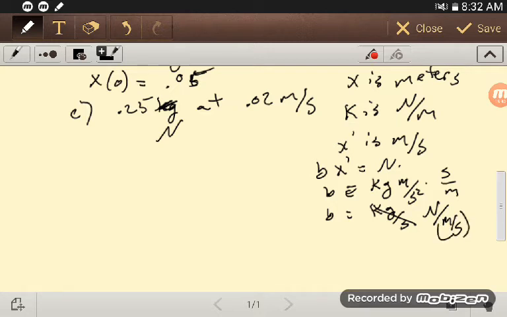And so your B in this case is your 0.25 divided by 0.02. Okay, so again, that's 25 divided by 2, or 12.5. And so that's your B, and now you can put everything in there together to work on that.